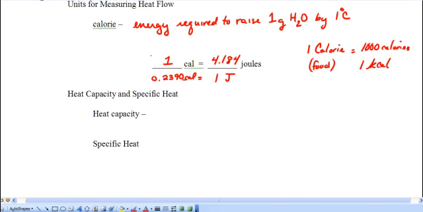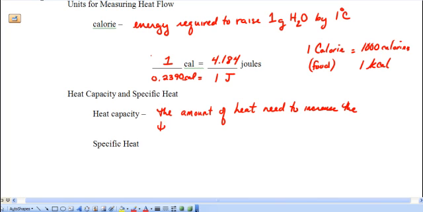And that's a topic that really starts with heat capacity, which is simply the amount of heat needed to increase the temperature of an object by 1 degree Celsius.